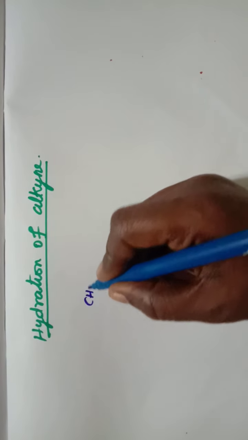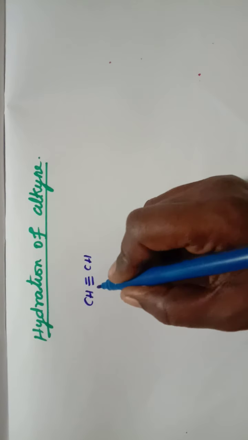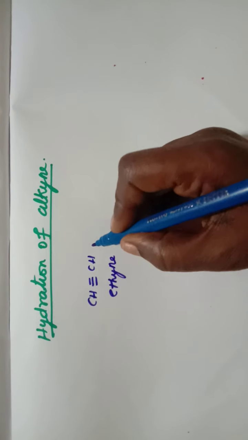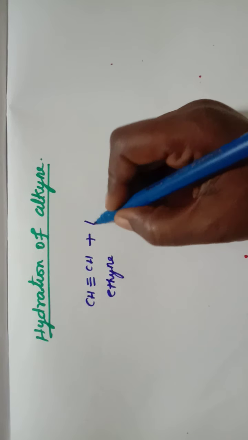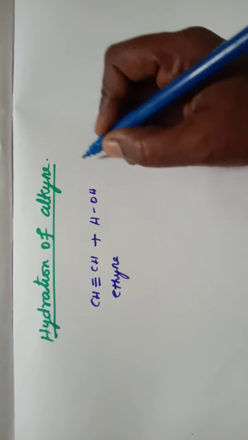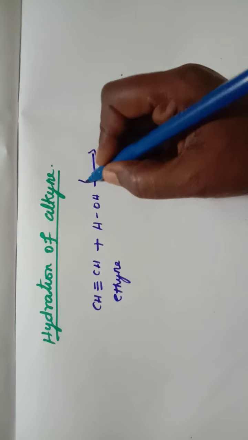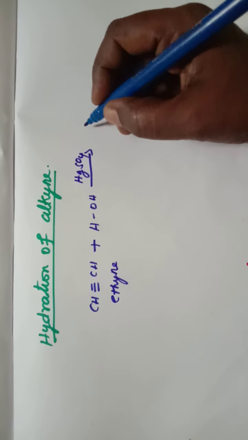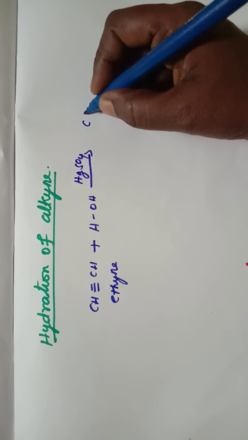So this CH triple bond CH is the alkyne, ethyne. It undergoes hydration, HOH is added in the presence of HgSO4. First it forms an enol, CH2 double bond CHOH.